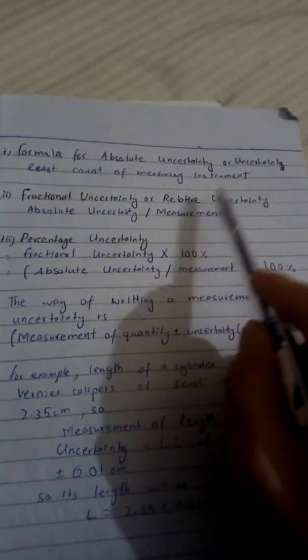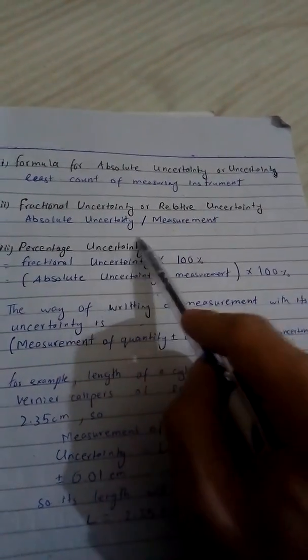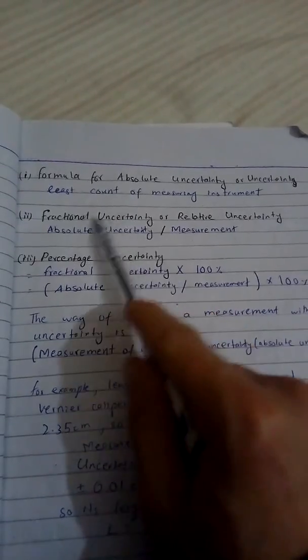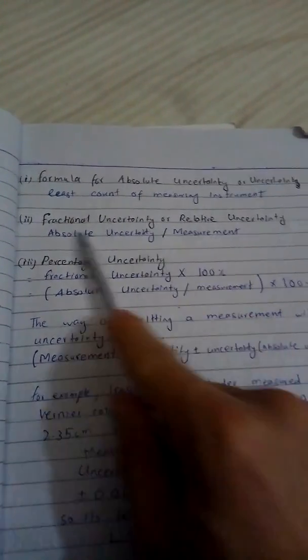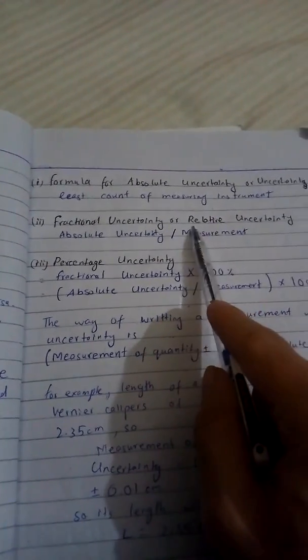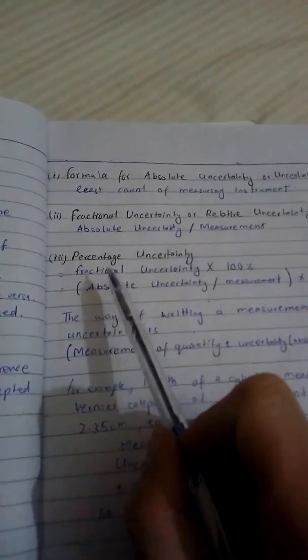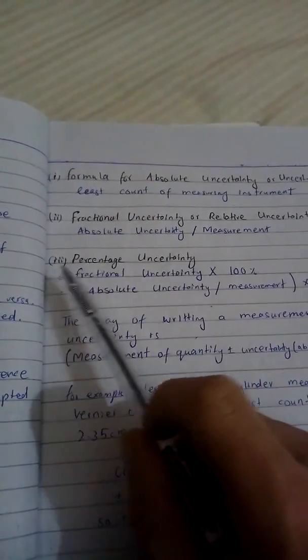Fractional uncertainty: absolute uncertainty divided by the measurement will give you the fractional uncertainty or relative uncertainty. And the last one is percentage uncertainty.